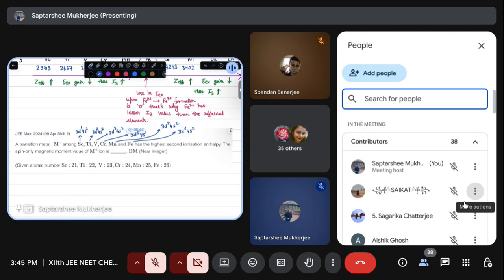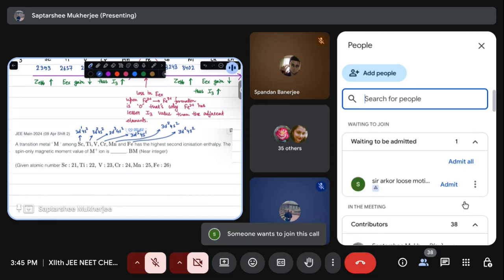So which one should have the highest second ionization enthalpy value?